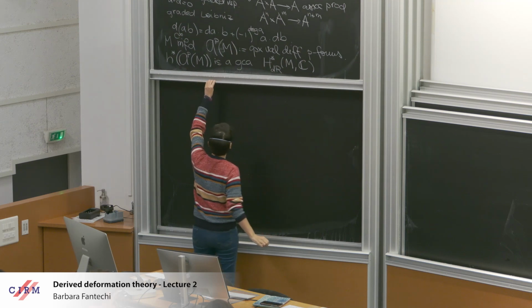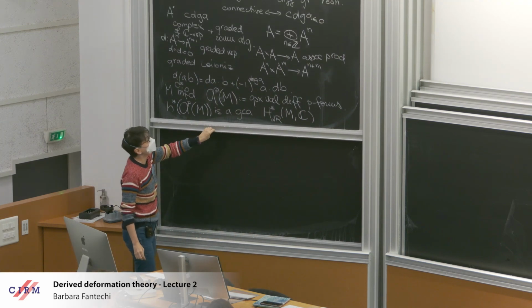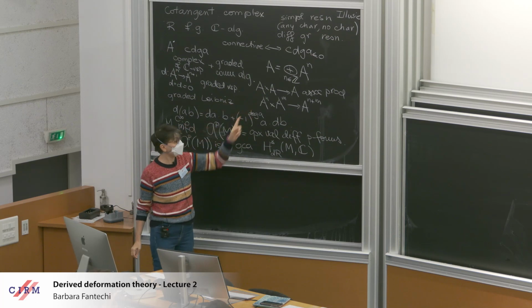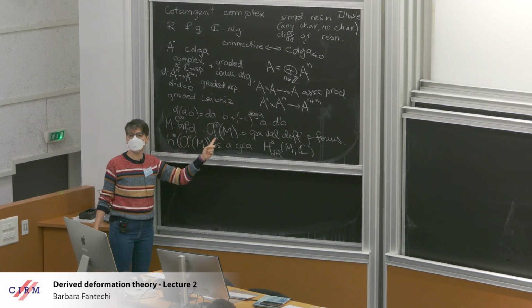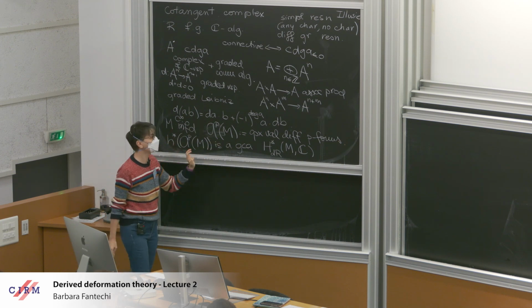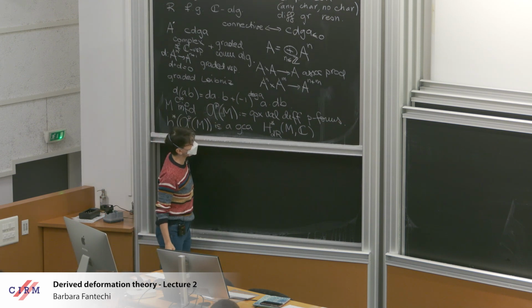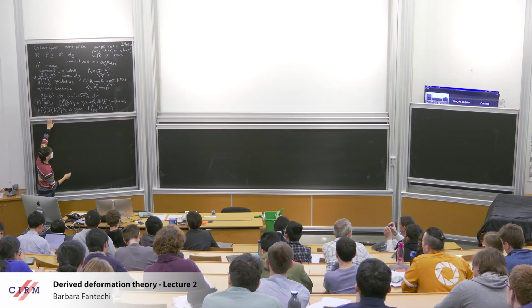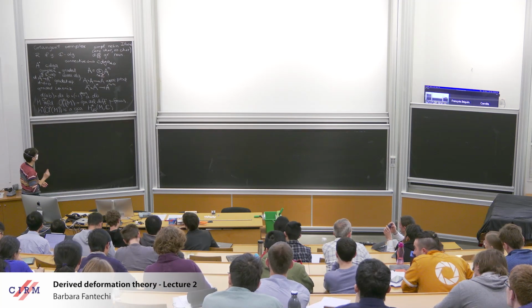Notice however that this is not connective, because in fact it's always in positive degree, not in negative degrees. So we are going in the wrong direction, but at least it helps me remember how the definitions are.